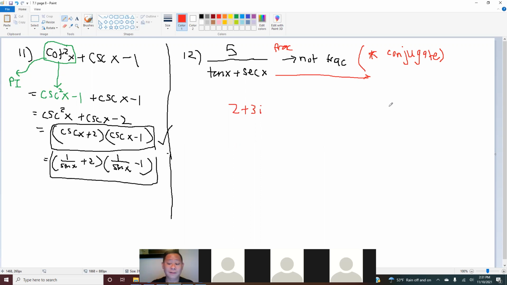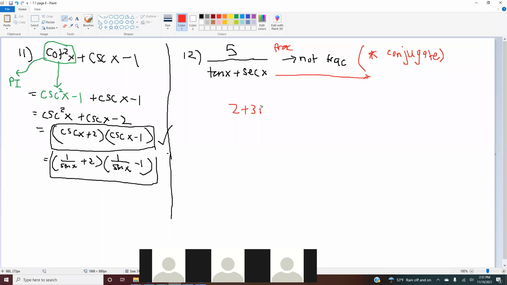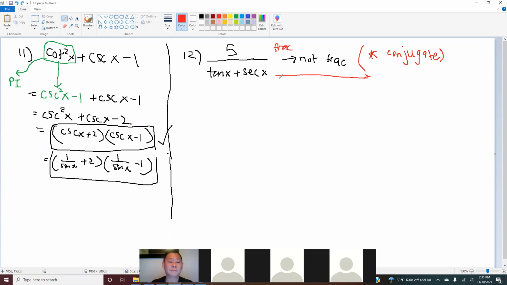Class, are you there? Ethan, Andrew, Henry. What's the conjugate for 2 plus 3i? It will be 2 minus 3i, right? So can someone tell me what's the conjugate of tangent x plus secant x? What's the conjugate?